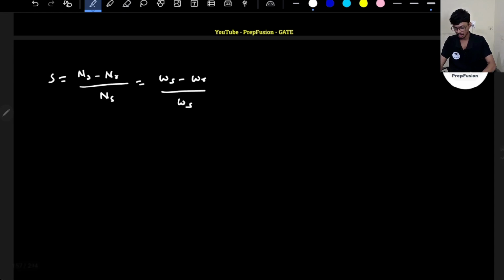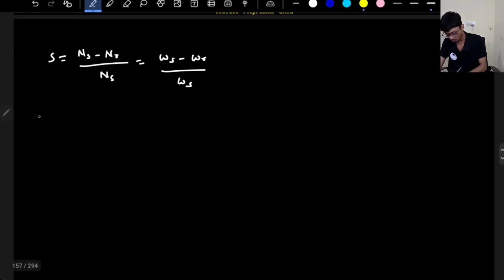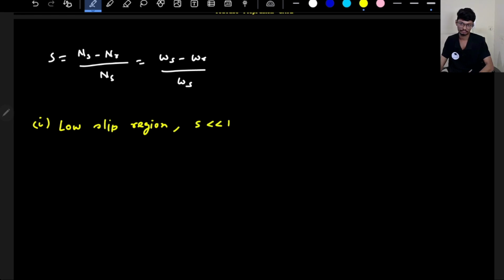Now first of all we will see what the torque slip characteristic is in the low slip region. Low slip region basically means my s is very much less than 1. It is nearly equal to 0.